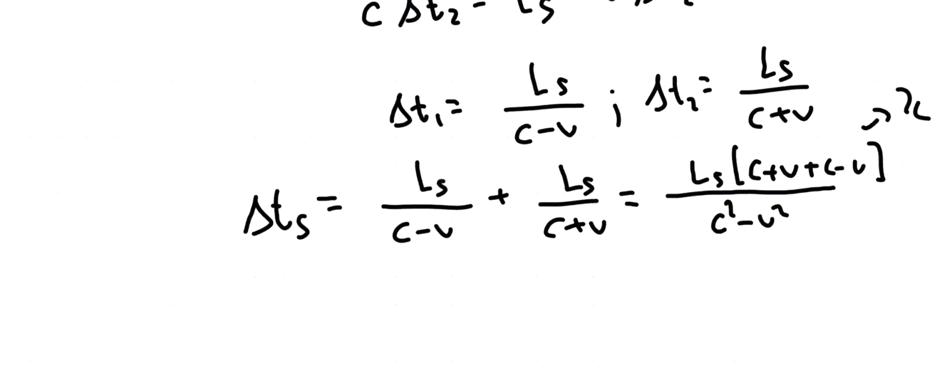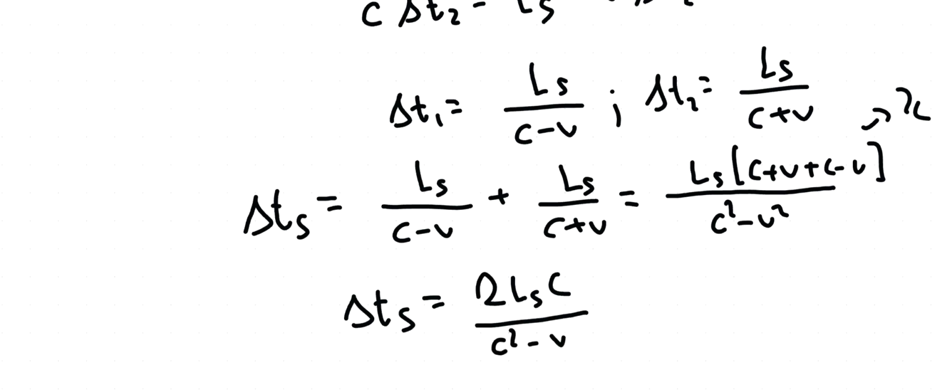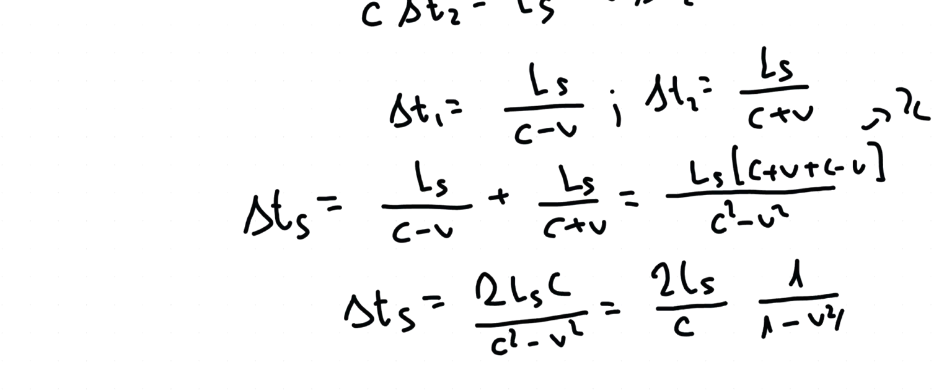So what results here is that delta Ts is equal to 2lsc divided by c squared minus v squared. Let me rewrite that slightly differently. It's actually 2ls divided by c, times 1 divided by 1 minus v squared over c squared. I just rearranged this slightly.